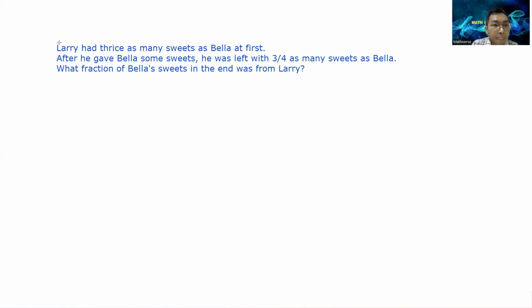So let's see. Larry had thrice as many sweets as Bella at first. After he gave Bella some sweets, we don't know how many sweets, at that time he was left with 3/4 as many sweets as Bella.